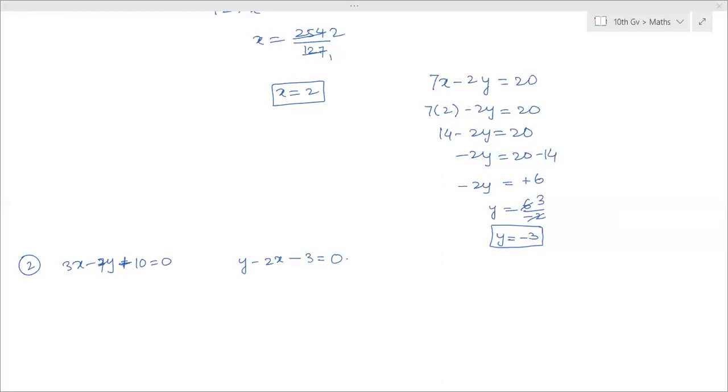Ma'am, x is equal to 2 and y is equal to 3. Third one, yes, right. Anyone having problem solving third?